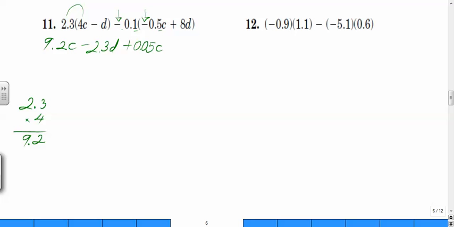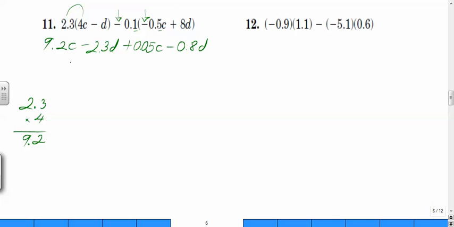And then I have negative 0.1 times 8d, which will give me negative 0.1 times 8 will be 0.8d. If you cannot do it like that, you just take it separately down here and multiply by the rules of multiplying decimals. Remember, you multiply the numbers ignoring the decimals, and then you will make sure that you'll have the same number of decimals as the sum of all your factors here.